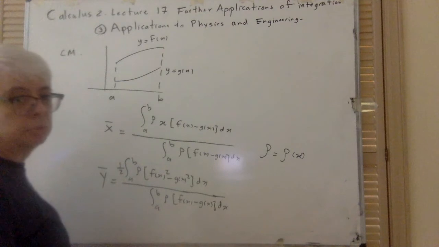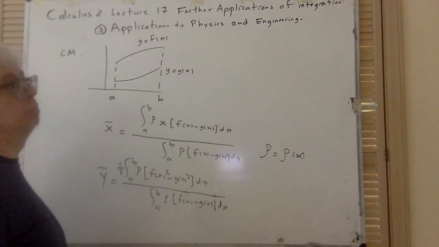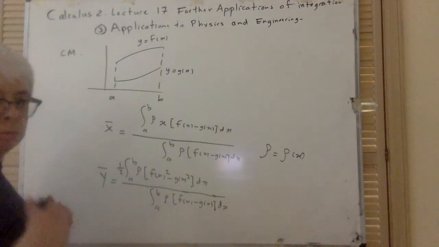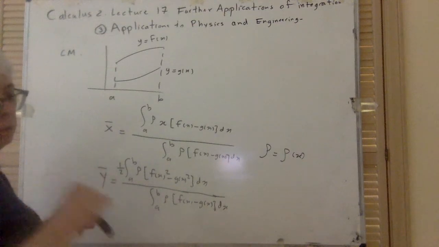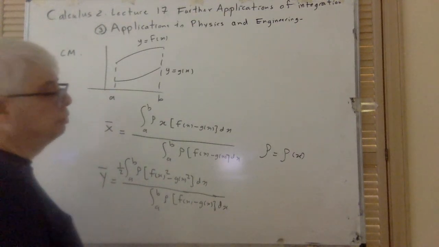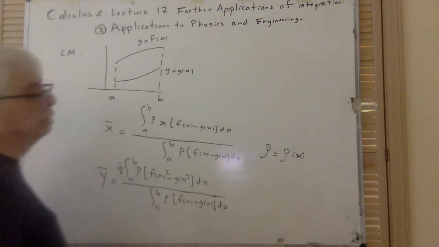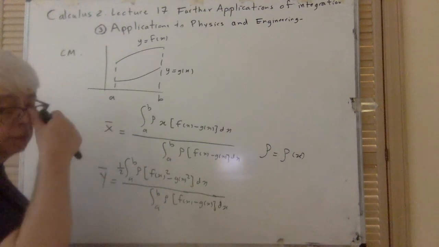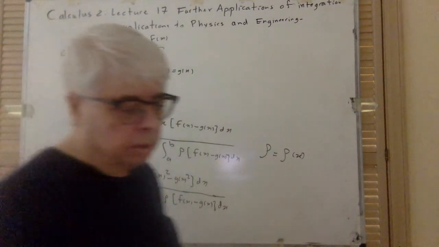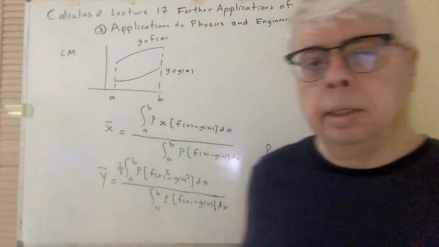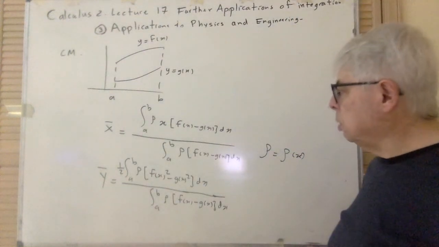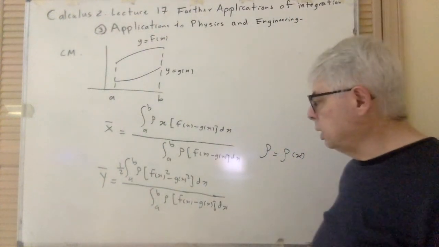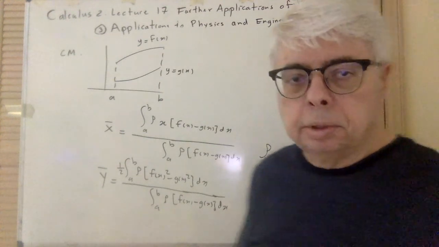Something like a human body might be like that. If you just slice it, different slices might have different mass densities. So that was the story of x bar and y bar, and see you next time.